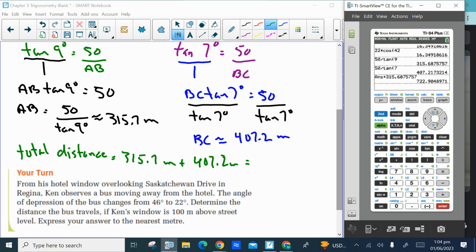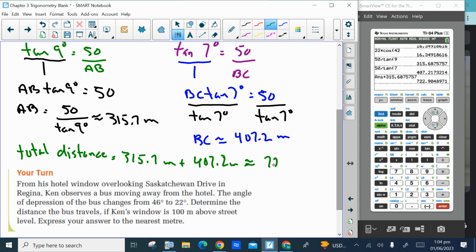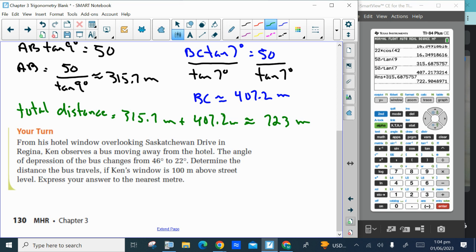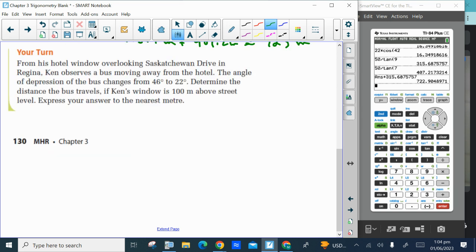I'll put them all in. And so, to the nearest meter, it would be 723 meters. Almost 3/4 of a kilometer, which would be 750 meters. Okay, so there's that one.